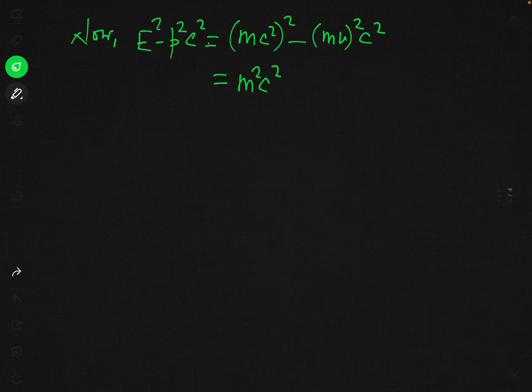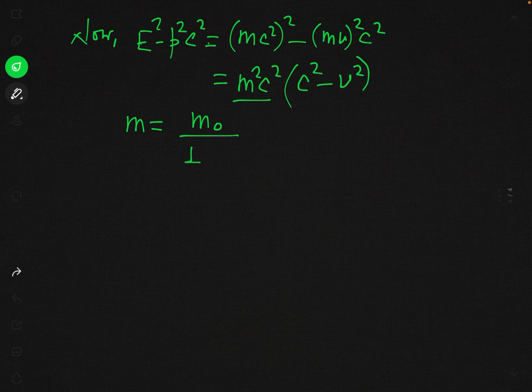Now you can see here that this is m square C4 and m square C square. If we take m square C square as a common factor, then in the first term there will be C square, because this is m square C4 and you have taken m square C square as a common factor. And the remaining term is minus V square.